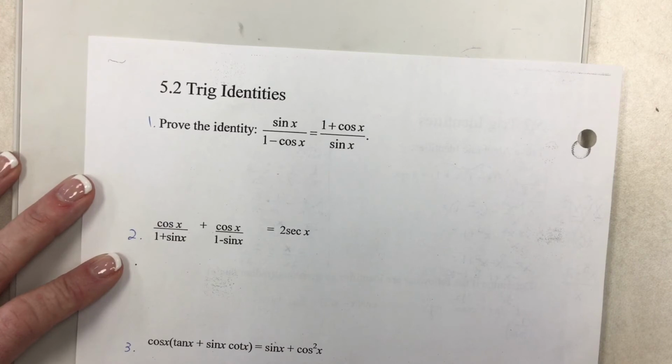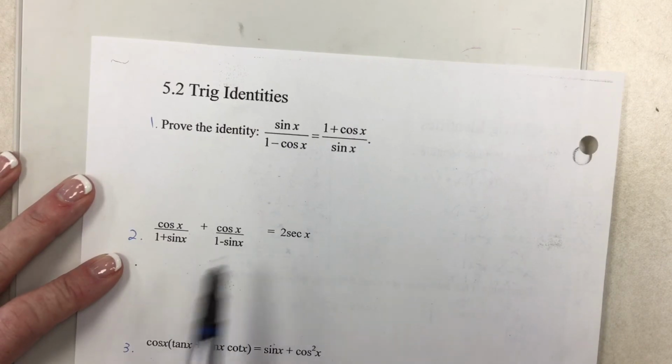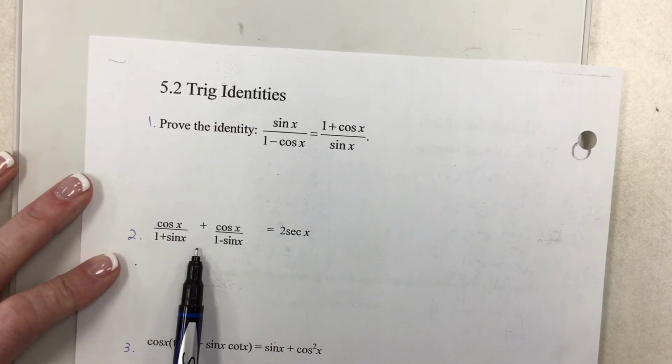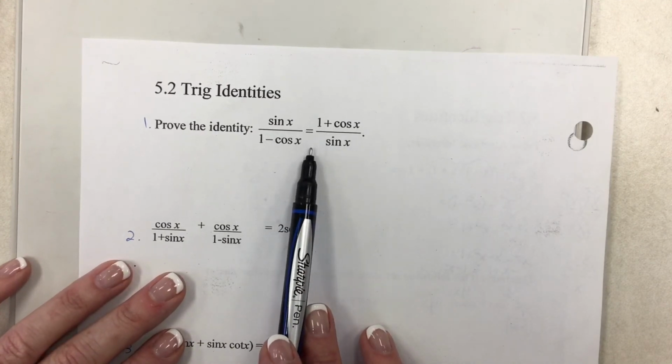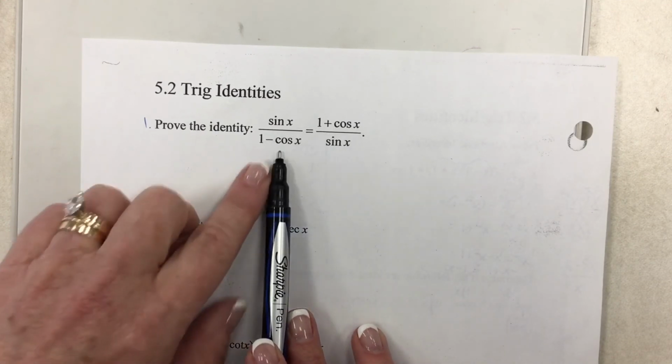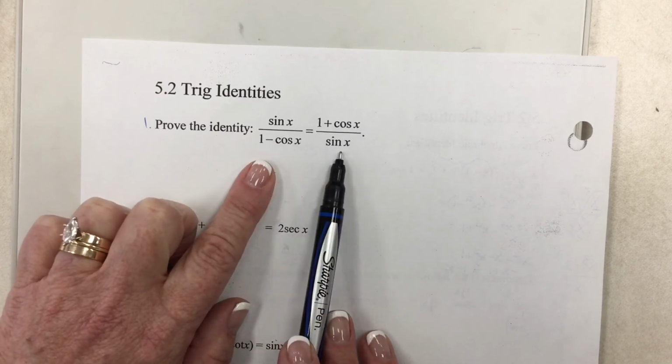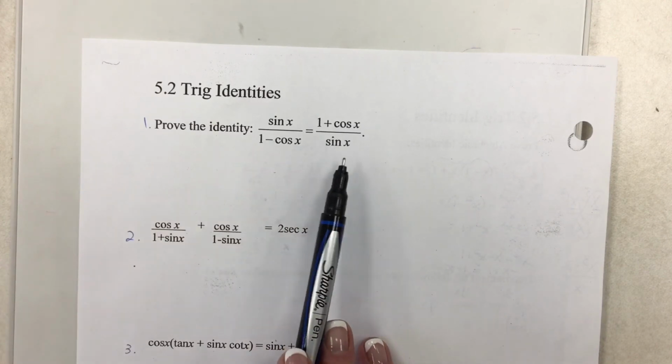What does number 2 have that number 1 does not? A sine by itself? Okay, something completely by itself over here. They're adding the fractions here. Is there any adding fractions on number 1? It is one fraction set equal to another fraction. Do you all see that?